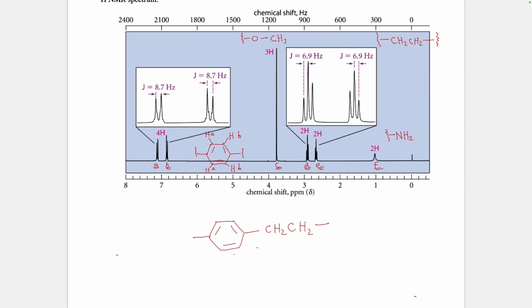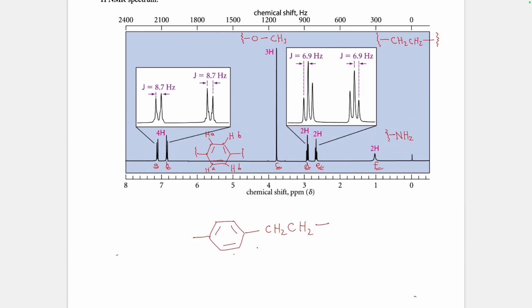Do we put the NH2 group on the right side adjacent to the CH2, or do we put the OCH3 group over here? What it's going to boil down to is the chemical shift of that CH2. If you put an oxygen right here, that's going to make the CH2 chemical shift really high, probably 4, maybe even higher than 4. And when we look at our pair of triplets, they're not that high.